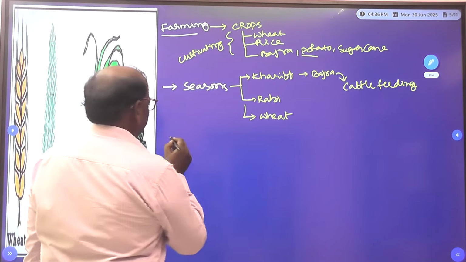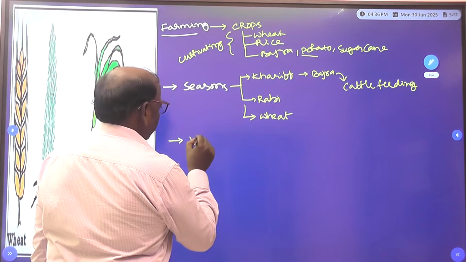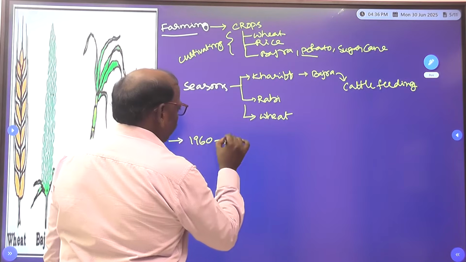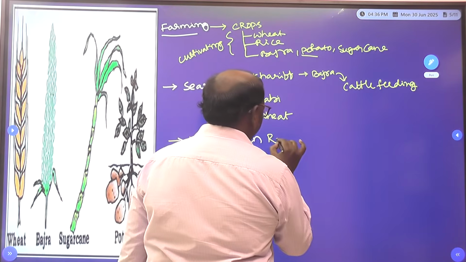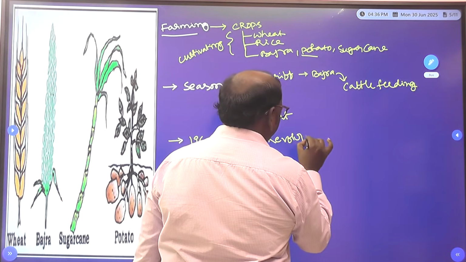So here is one more thing. In 1960, there was the green revolution. What do we call the green revolution?